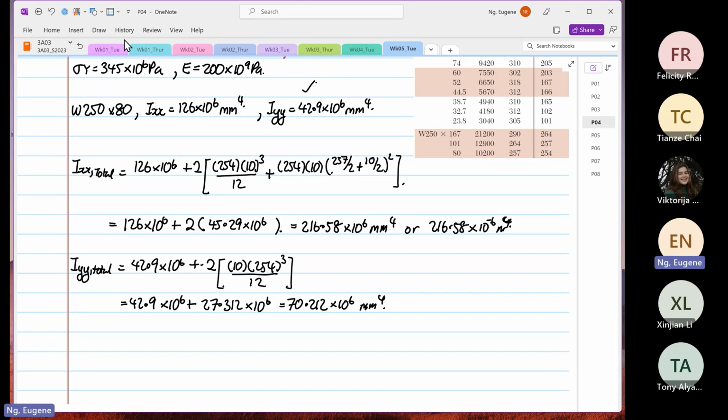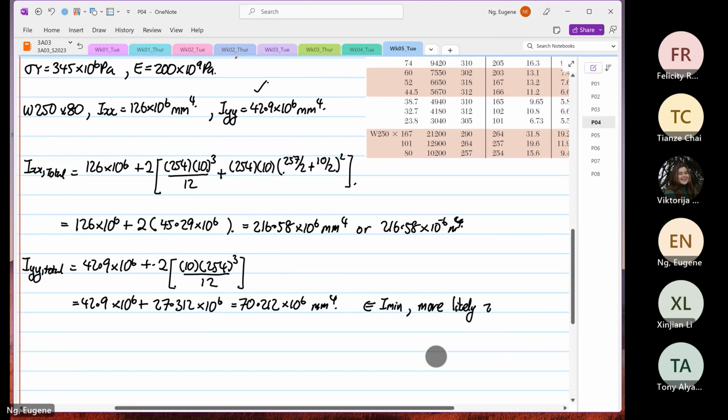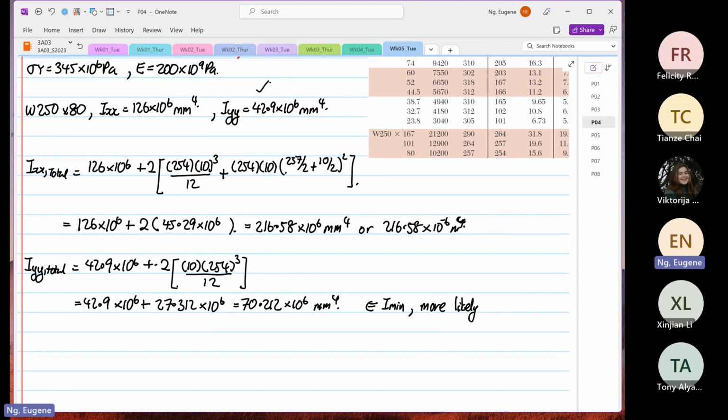So now we know that this is our what? So remember what I told you? You use the I minimum, because it's more likely to buckle.